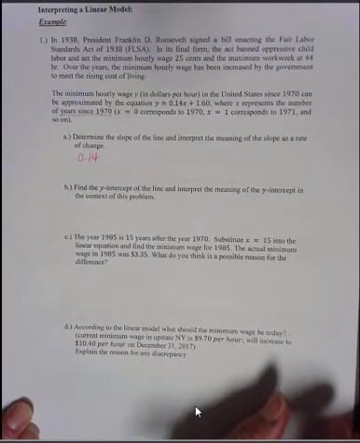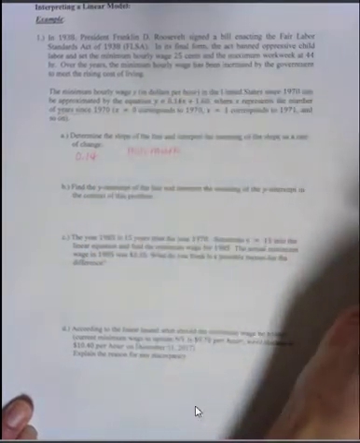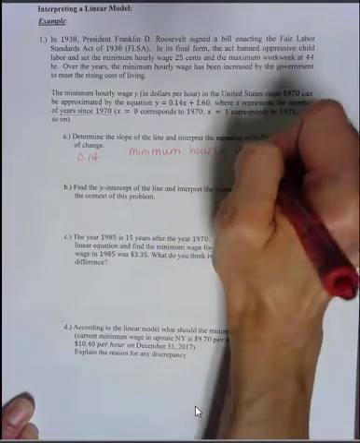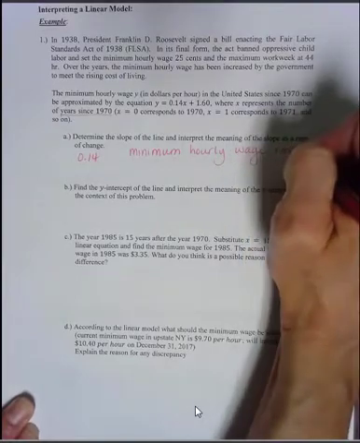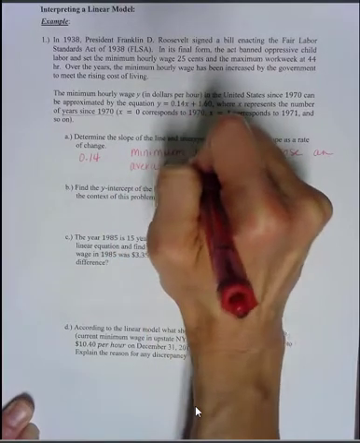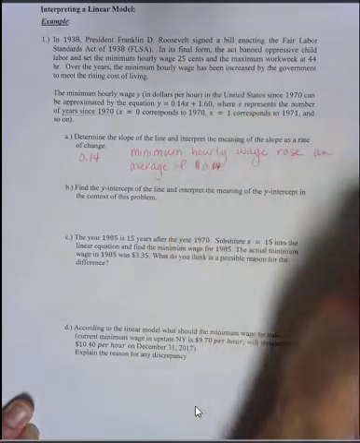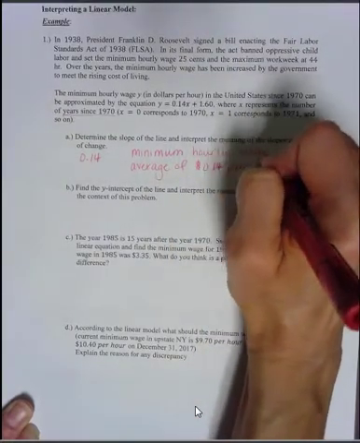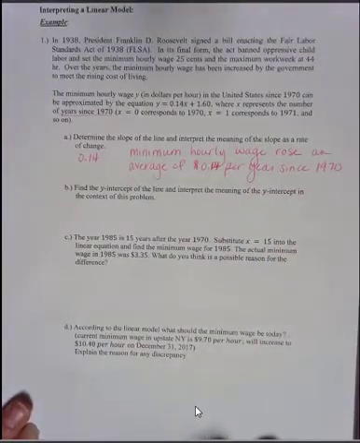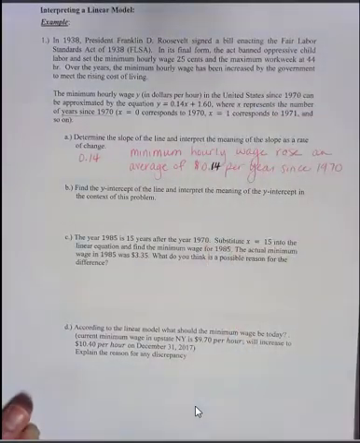Since it's referring to minimum wage, we would say the average minimum hourly wage rose about 14 cents per year since 1970. That's 0.14, so 14 cents per year.